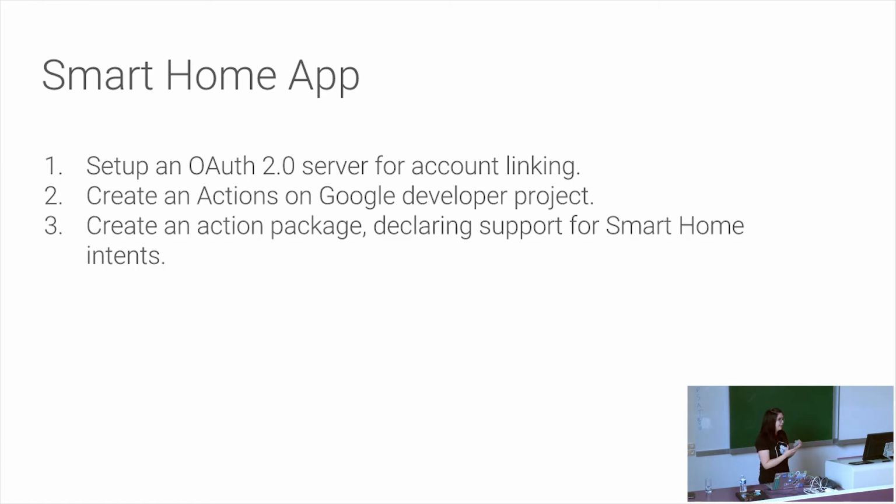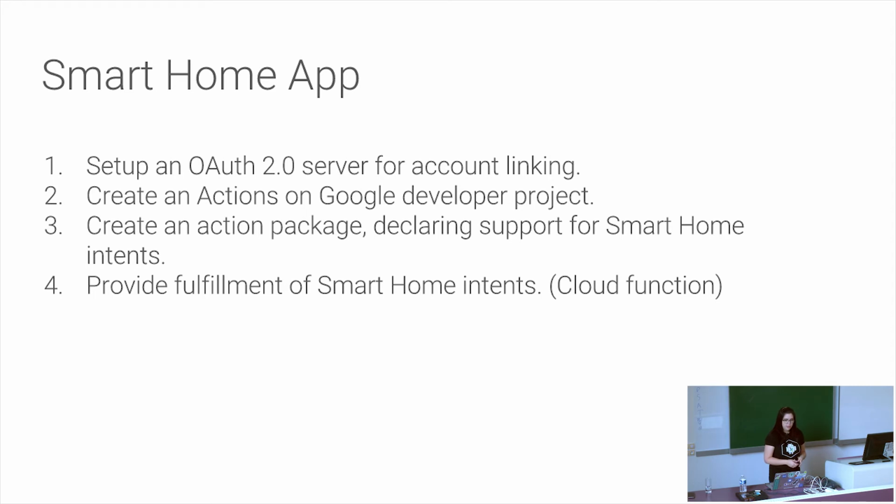And then the action package that you create and upload onto Google servers declares support for this home graph or smart home intent, okay? Which is a little bit different if you've worked with Actions on Google, because you're now just defining a set of instructions instead of controlling the whole assistant behavior. Then the next step is that you would need to provide fulfillment for the smart home intents.